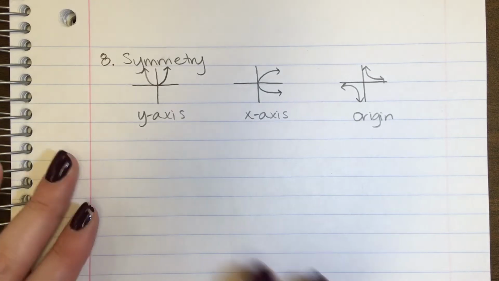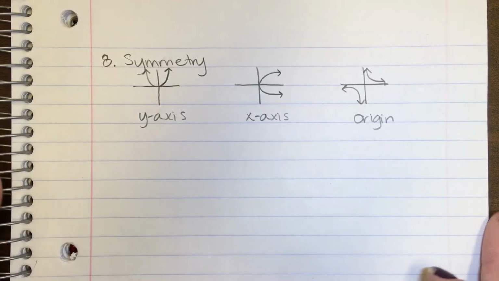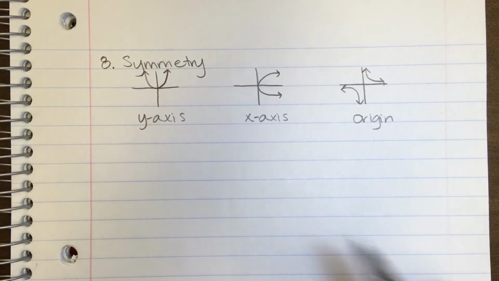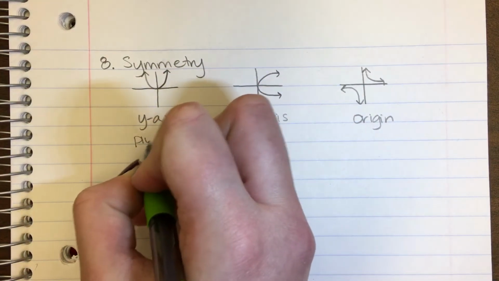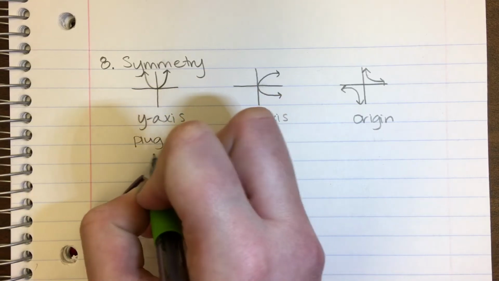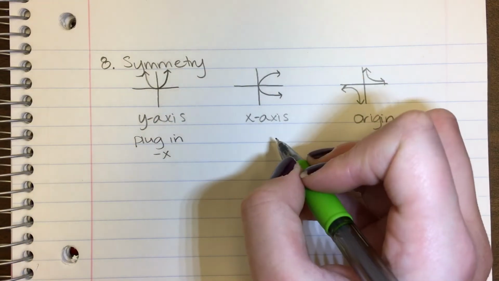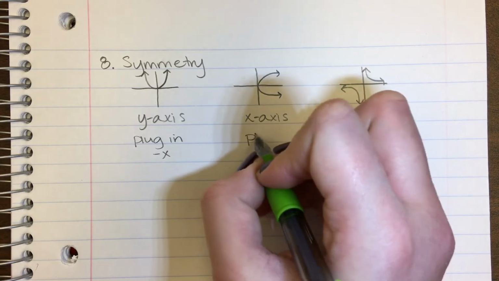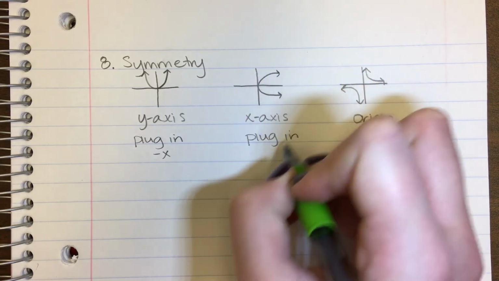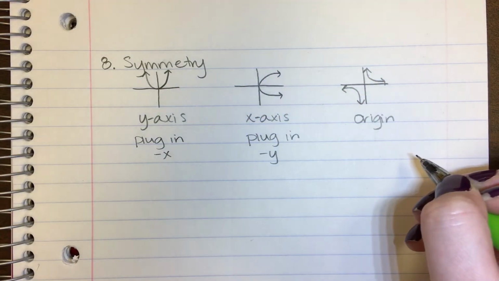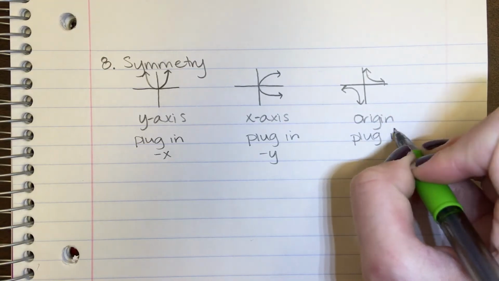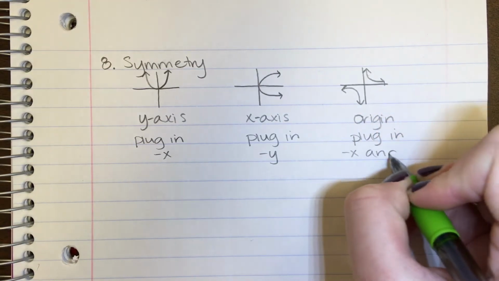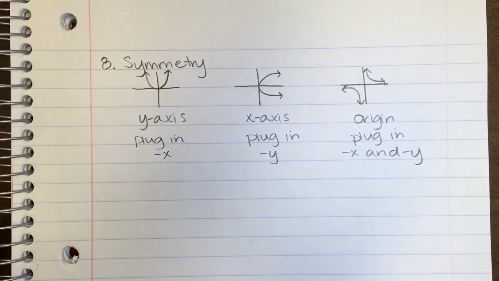All right, so for each of these different types of symmetry, you have to do a different test. So to check for symmetry to the y-axis, we're going to plug in negative x. To check symmetry to the x-axis, we're going to plug in negative y. And to check symmetry to the origin, we're going to plug in negative x and negative y at the same time.